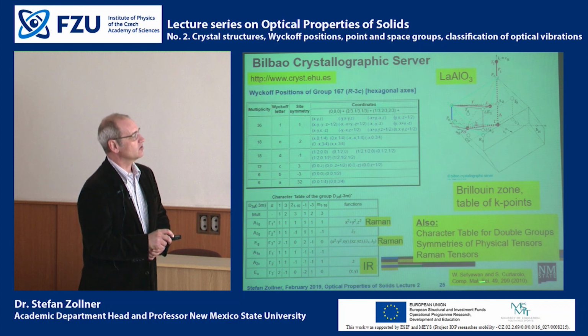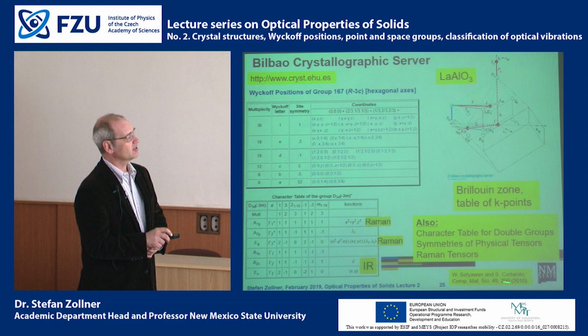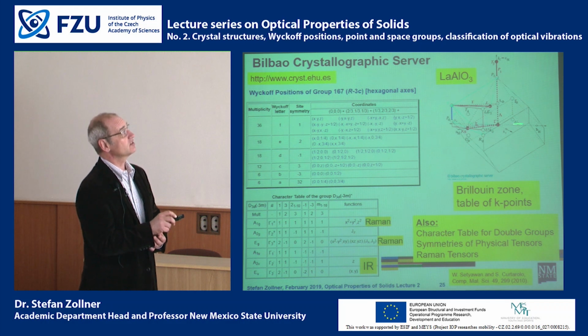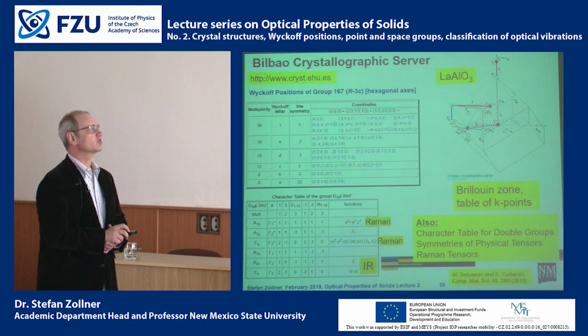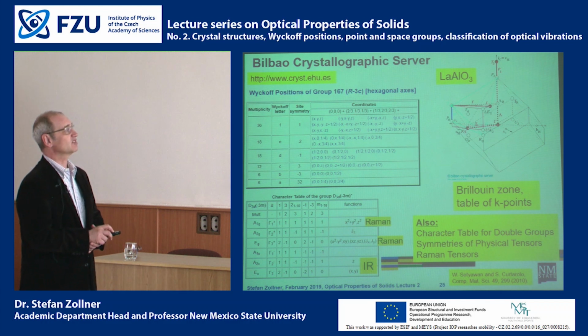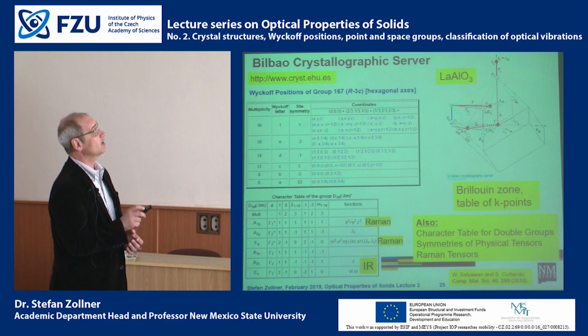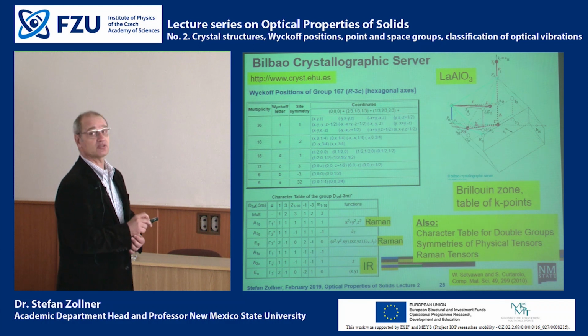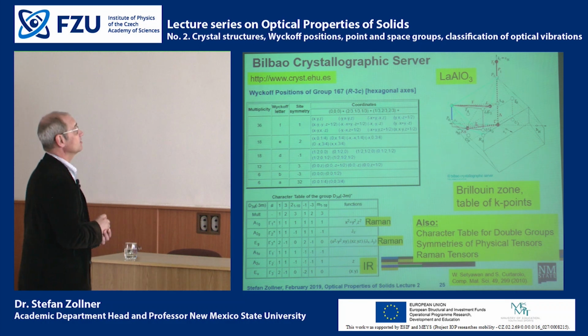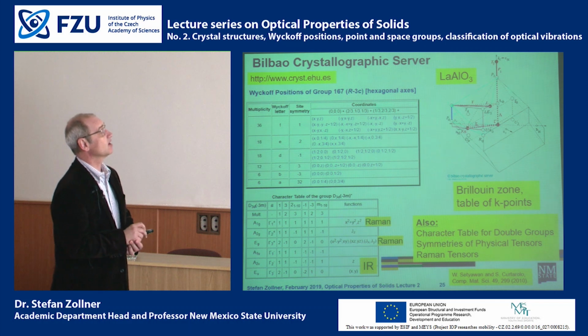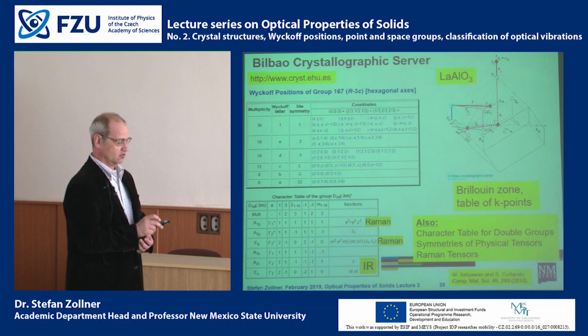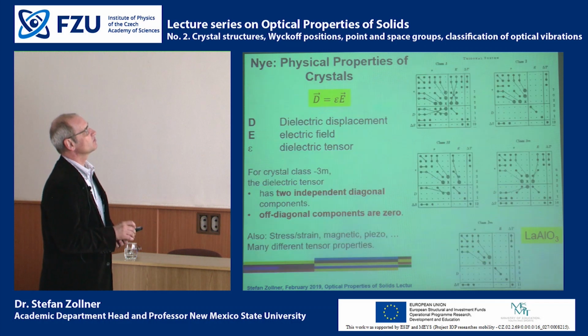There is also a very good paper, which I'm giving you here at the bottom, which lists the Brillouin zones for all possible materials. So much information can be found not only in the international tables, but also in the Bilbao crystallographic server.